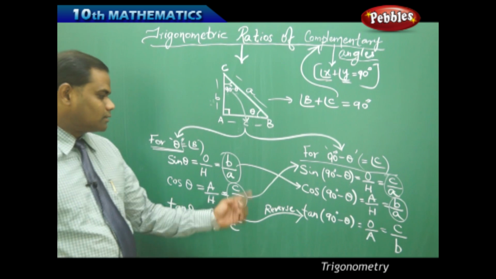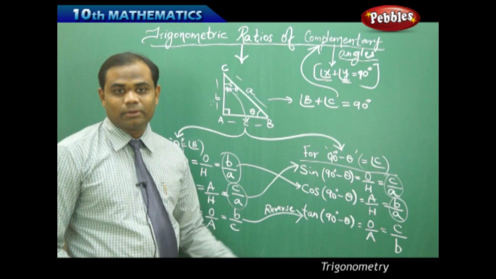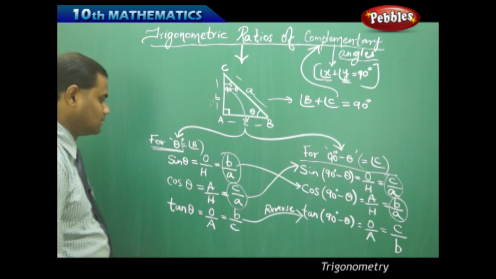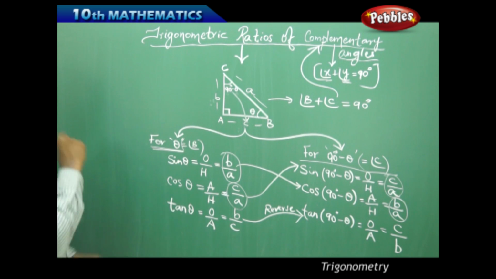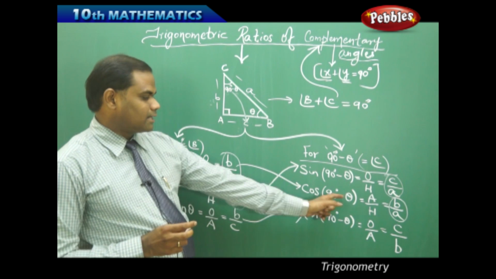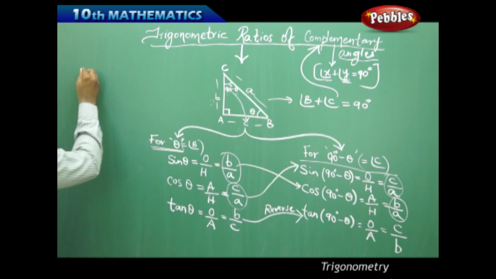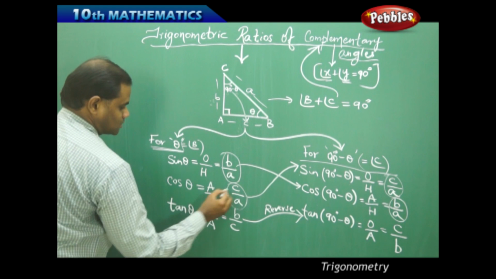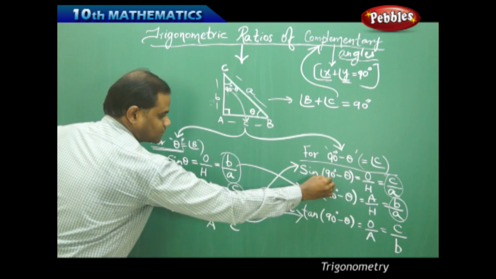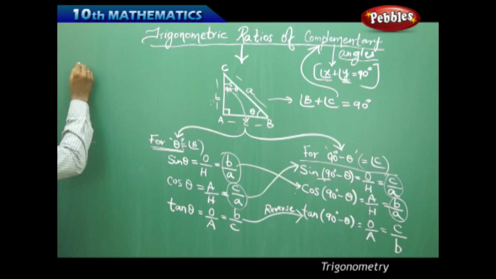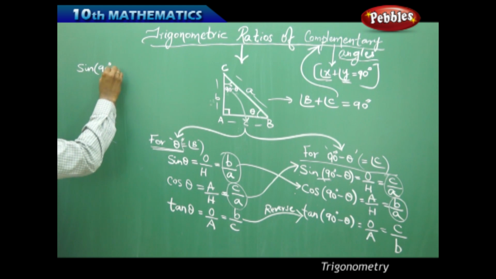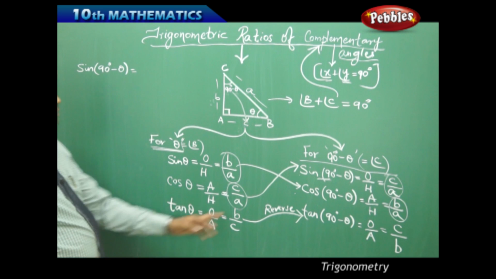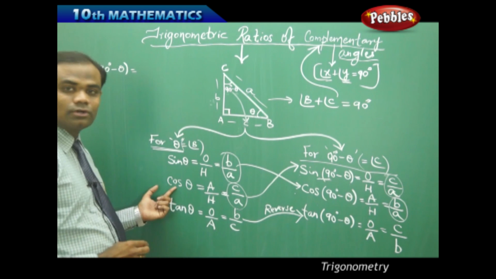So initially, to start with, let's identify the first two trigonometric ratios with their comparison. So here I identify that sine theta is clearly cos 90 minus theta. That is, we have a formula, this equals this and this equals this. So let's start with sine. So I have sine 90 minus theta is C over A, which is equal to cos theta.